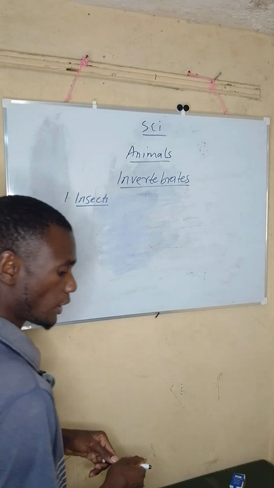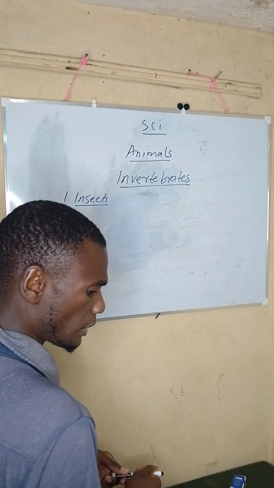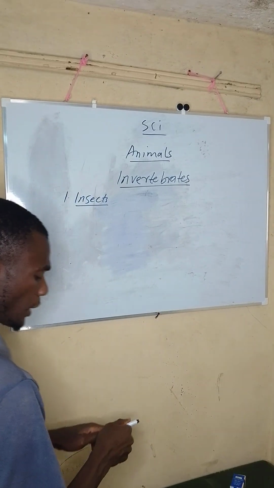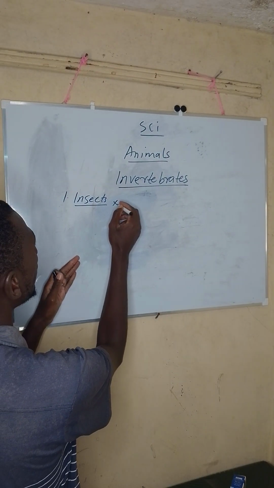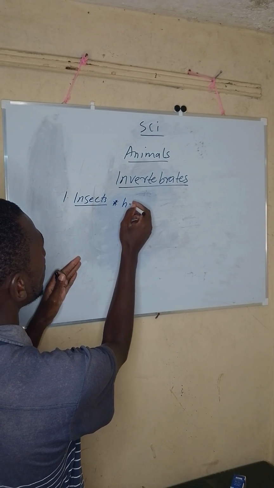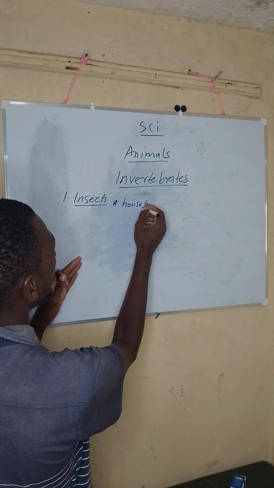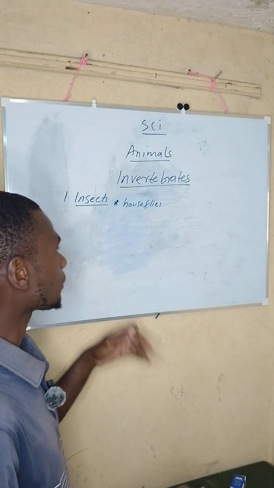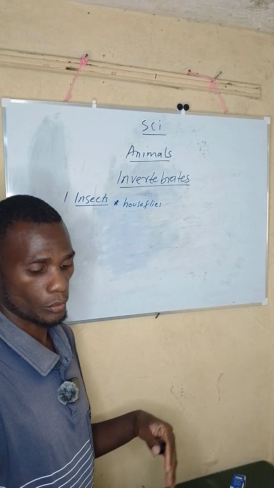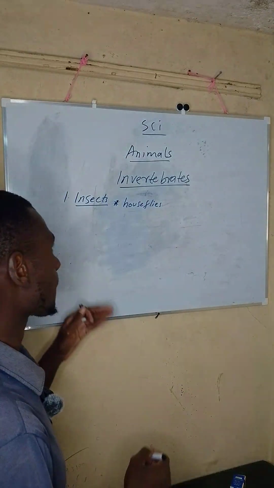So the first example of insect here, we will have houseflies. These are animals that are very common. We always interact with them.